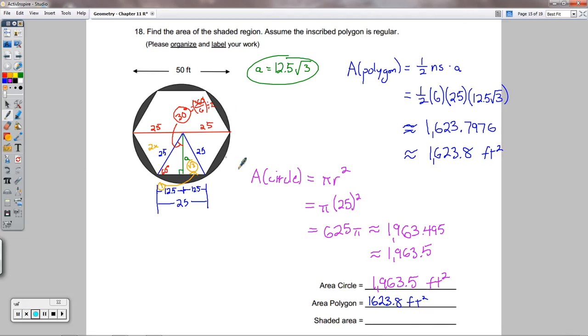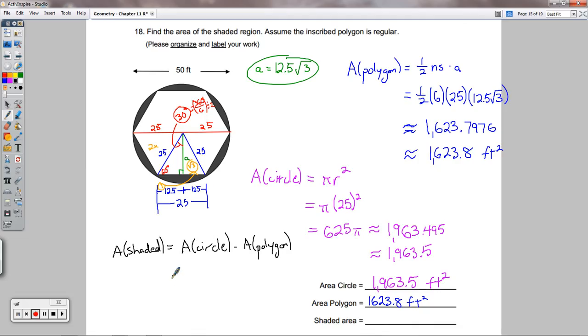So the shaded area, I'll finish this in black. The area of the shaded part is going to equal the area of the circle minus the area of the polygon, the hexagon in this case.